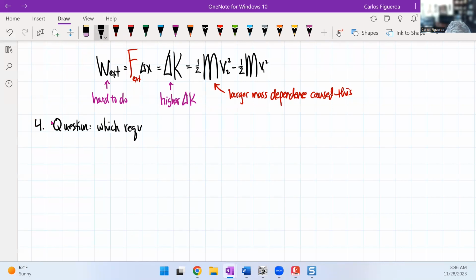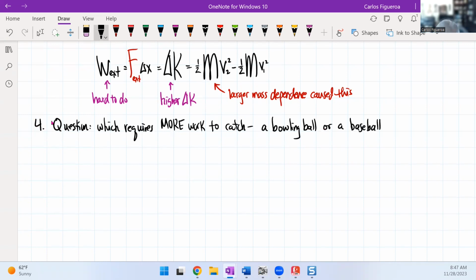Which requires more work to catch, a bowling ball or a baseball, with the same change in kinetic energy?